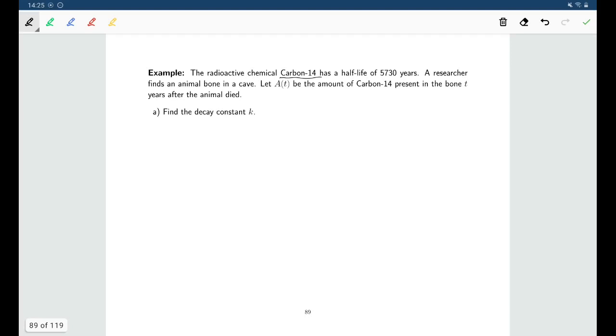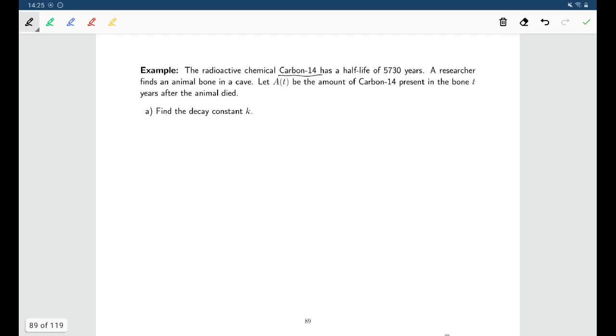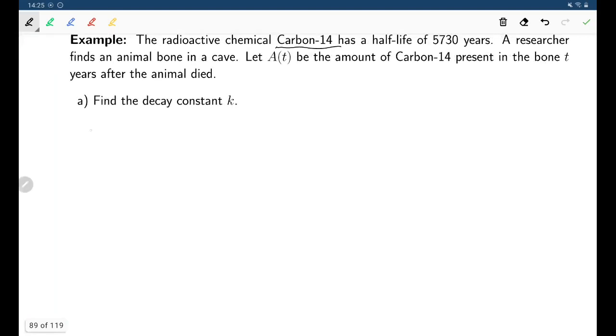Now, before we can get to that, we need to find our decay constant. So this is where we'll start off with our usual formula, that A(t) is the initial amount times e to the kt. And we know that carbon-14 has a half-life of 5,730 years.